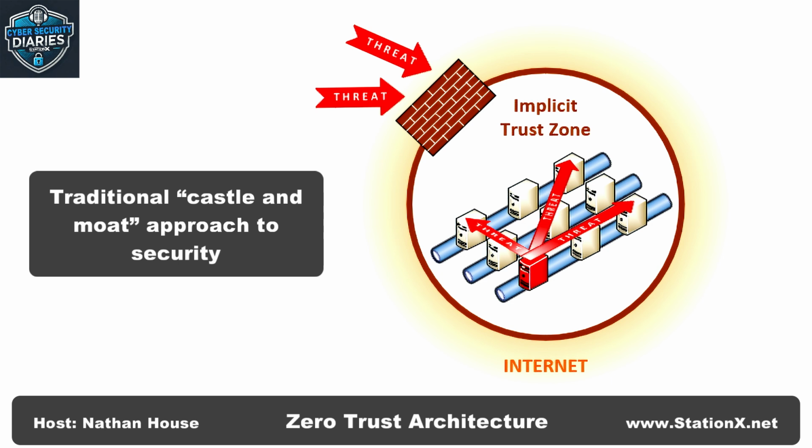Once someone gets inside the network, they often have free rein to move around, access systems and data with minimal checks, run ransomware, encrypt everything. It's like giving someone the keys to the entire castle or house just because they've crossed the moat.